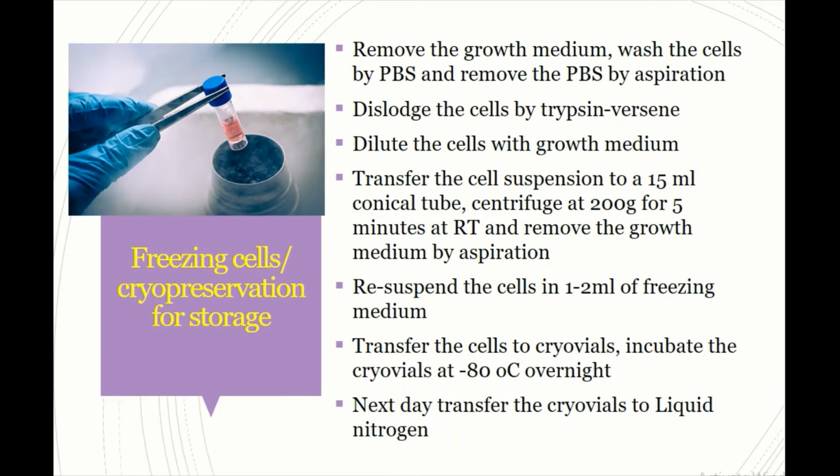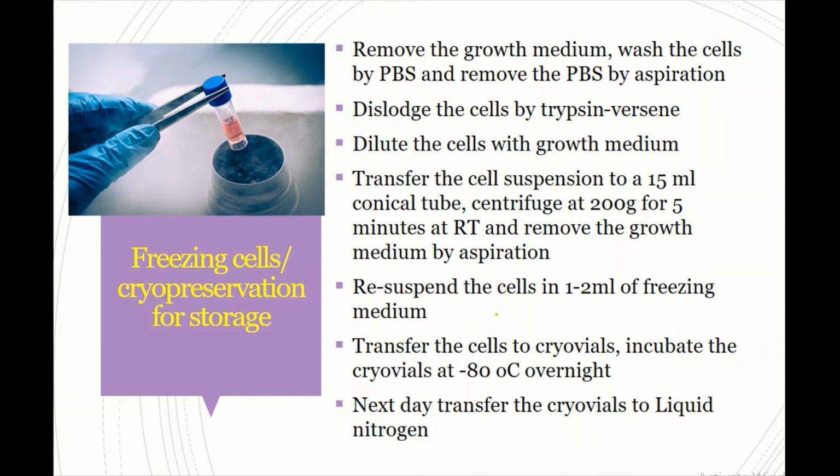Now, I talked about cryopreservation or freezing cells. Sometimes when you have cells, you don't want to use them immediately, or even if you want to use them immediately, you can still store them for future reference. So we have what we call freezing or cryopreservation, and here we remove the growth media because you can only preserve or freeze the cells as cells.